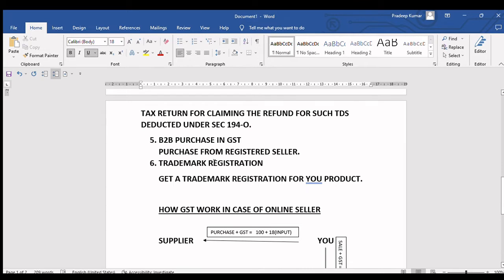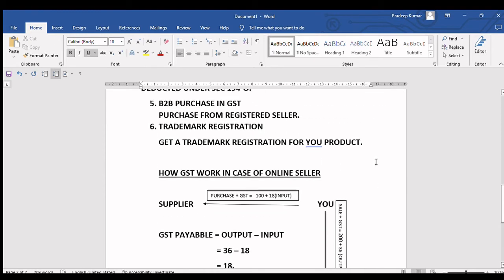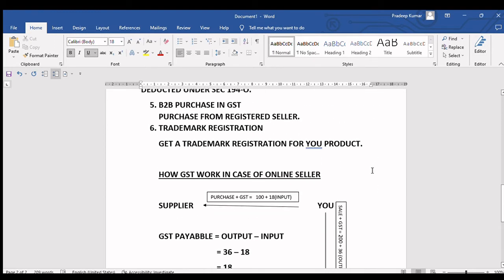So before you purchase from anyone, just ask them, can they give a GST bill, and can you get input every month so that you can file. Otherwise you will have to pay 18%, or whatever your tax rate on the product is, from the consumer which you receive.